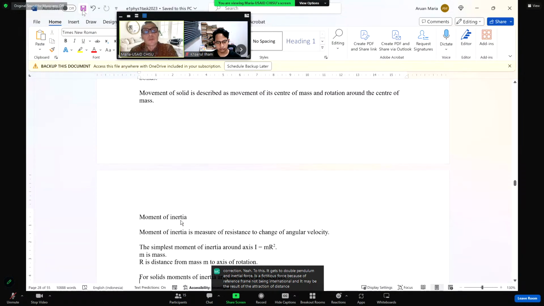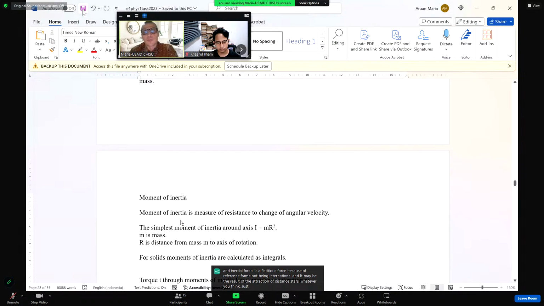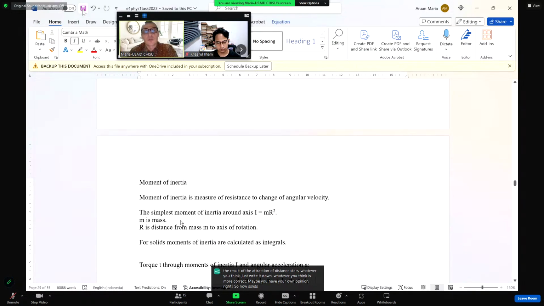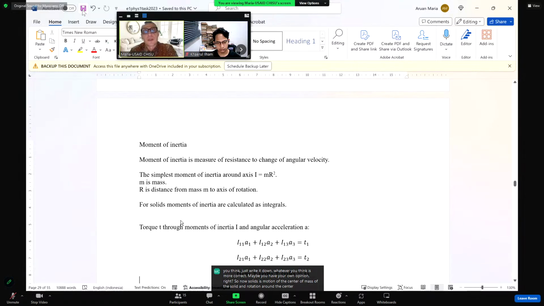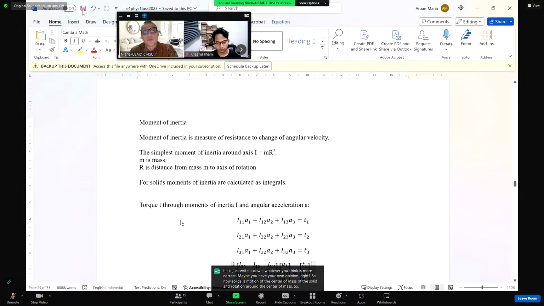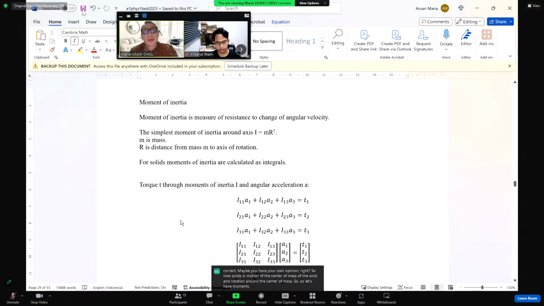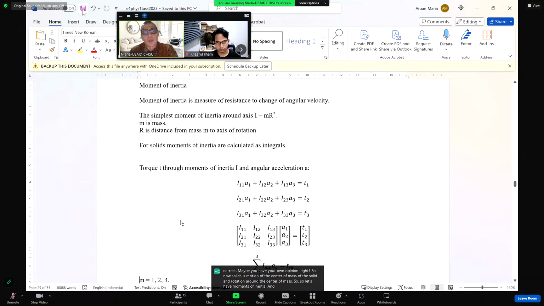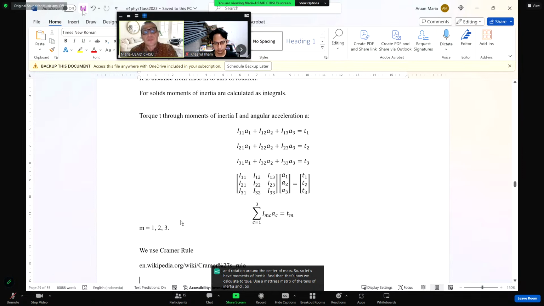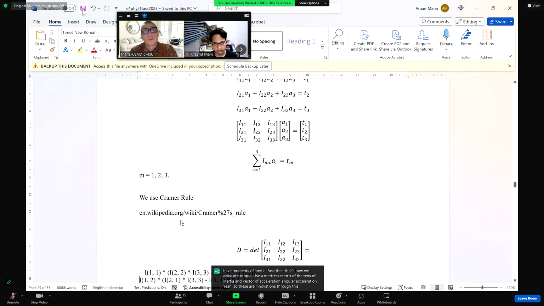So now, solids: motion of the center of mass of the solid and rotation around the center of mass. Solids have moments of inertia, and that's how we calculate torque using the matrix of the tensor of inertia and the vector of angular acceleration. These are the notations through the sum.